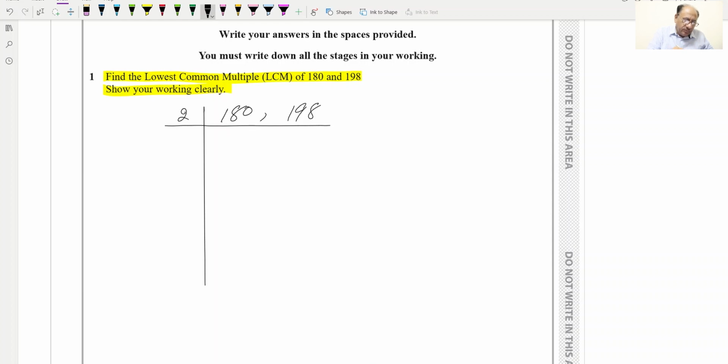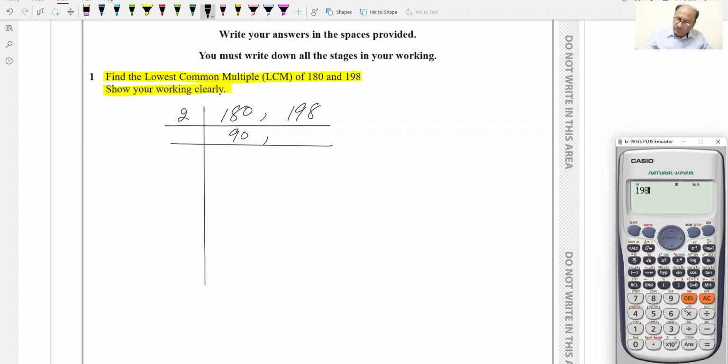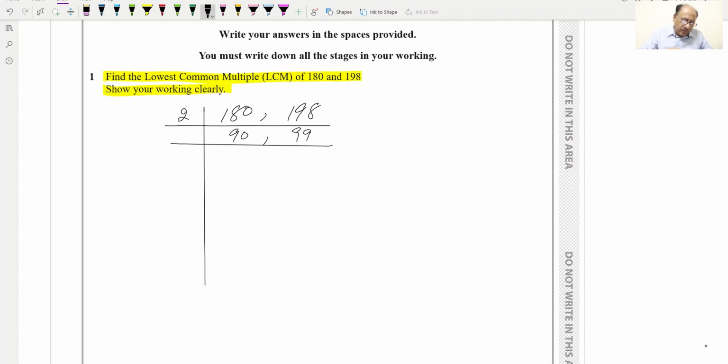We will divide by the lowest number, which is 2. So this will be 90, and 198 divided by 2 will be 99, and further once again we can divide by 2.